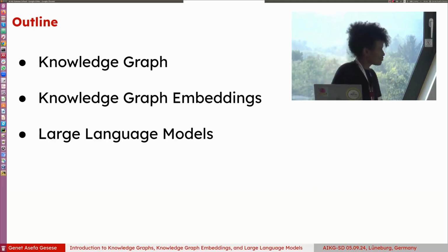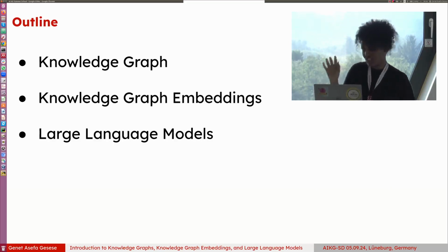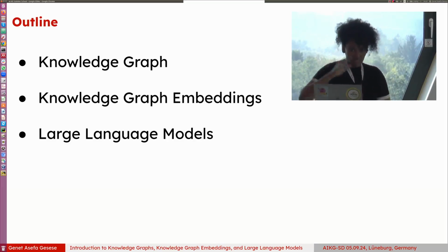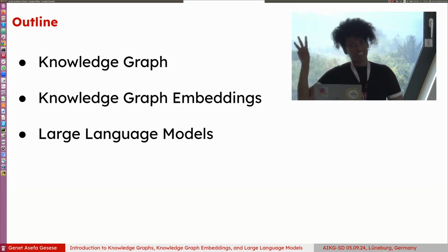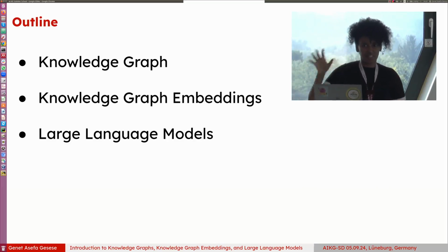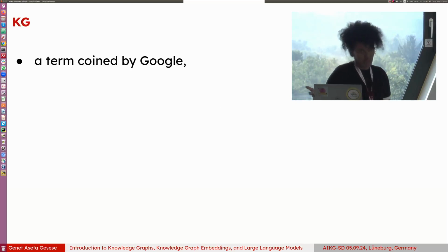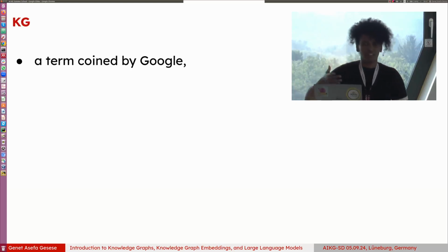So, knowledge graph. What is a knowledge graph? In a way, the term knowledge graph was first coined by Google, right? Before that, the concept was there, but the term became a thing after it was coined by Google. We all use Google in our daily lives.